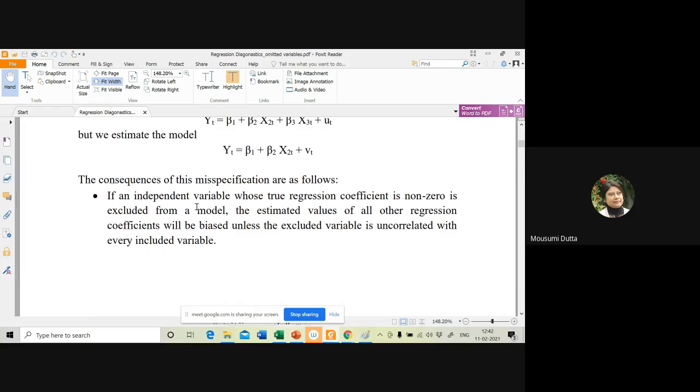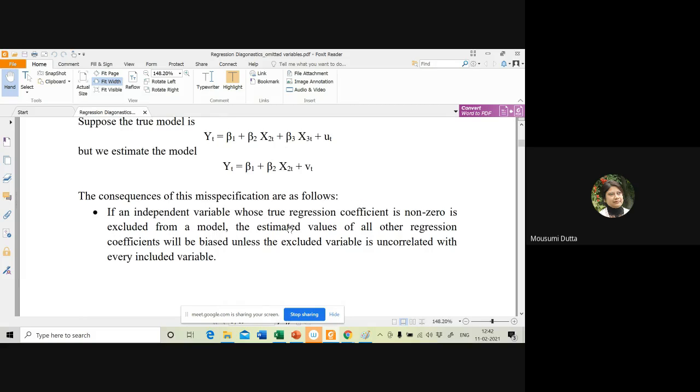If an independent variable whose true regression coefficient is non-zero is excluded from the model, that means beta 3 is non-zero and is excluded from the model, the estimated values of all other regression coefficients will be biased unless the excluded variable is uncorrelated with every included variable.